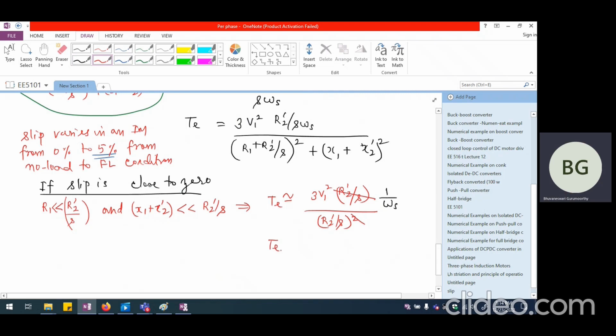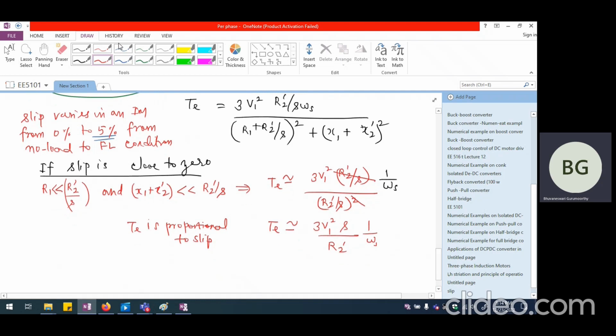So I will have TE approximately equal to 3 V1 square S divided by R2 dash, times 1 by omega S. So torque is proportional to slip in this particular range when the slip is close to 0.